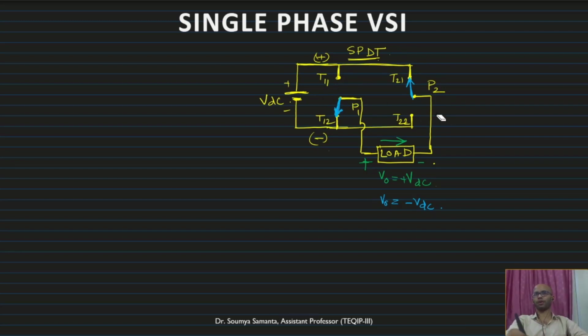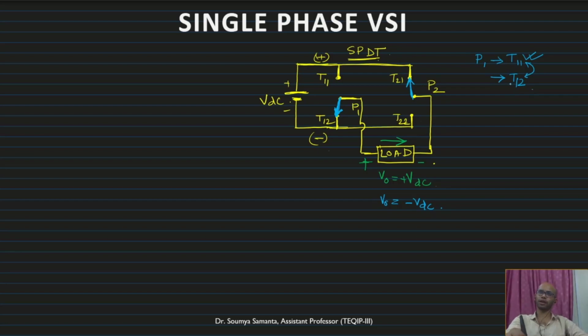Okay, so we can see P1 can be either connected to T11 or can be connected to T12, not both. Okay, so you can see there is a complementary fashion. Their connection is in complementary fashion. If T11 is connected with P1, then T12 cannot be connected.